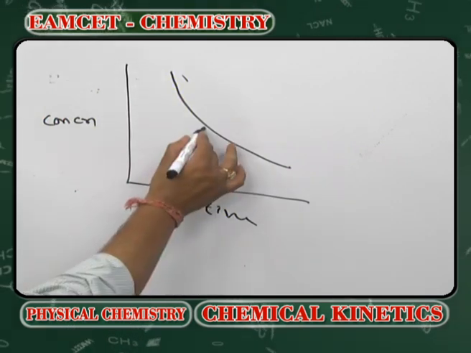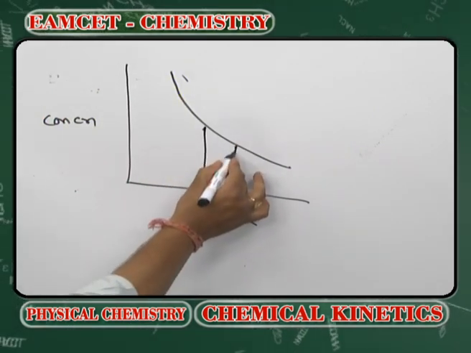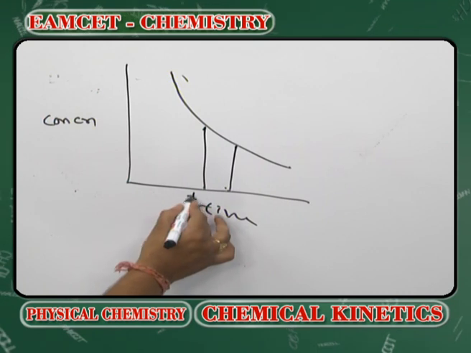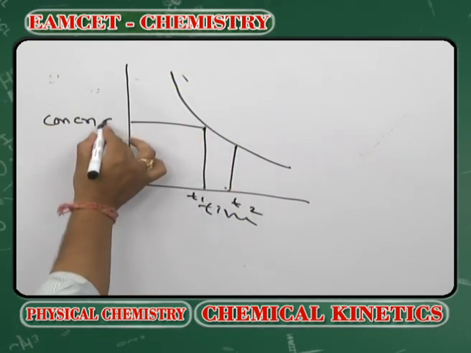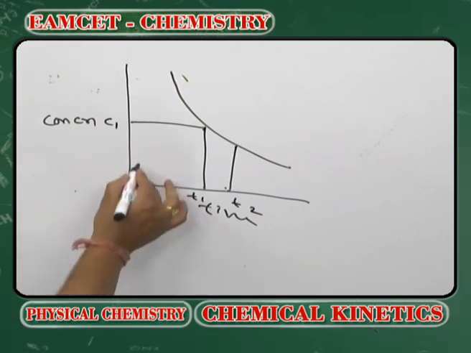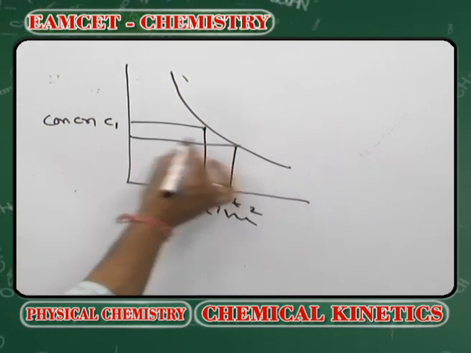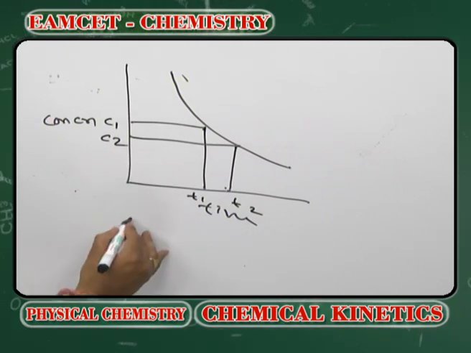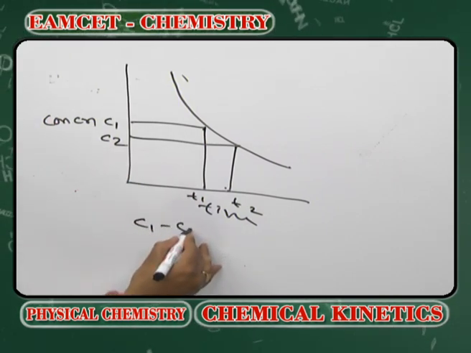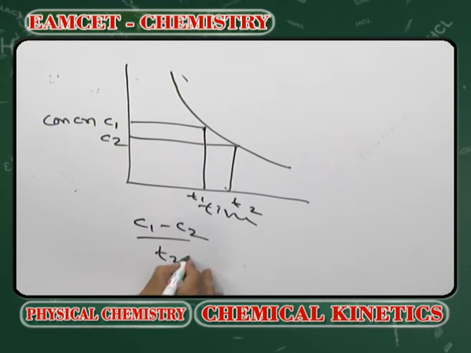To get the average rate, two tangents will be drawn at T1 and T2. What is the concentration corresponding to T1? C1. What is the concentration corresponding to T2? So average rate is equal to C1 minus C2 by T2 minus T1.